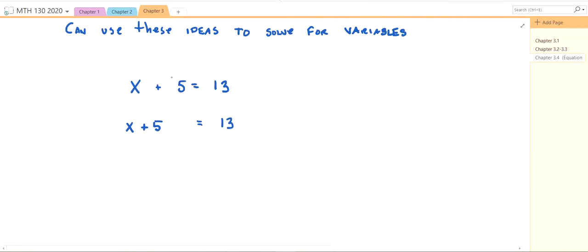One way to do that is to subtract off 5. So if I subtract off 5 here, I have to subtract off 5 on the other side. 5 minus 5 is 0. That means x plus 0 equals 13 minus 5 is 12. So x equals 12.